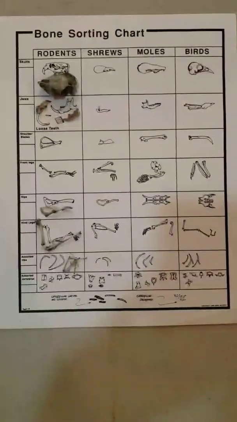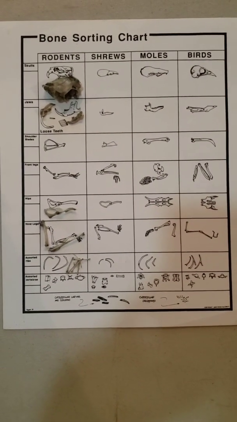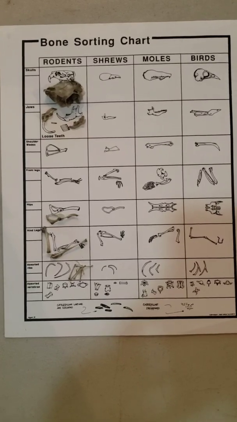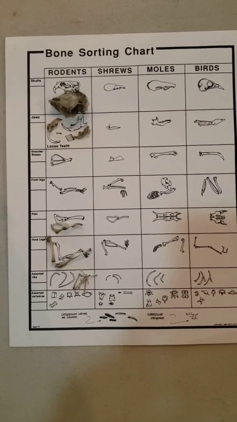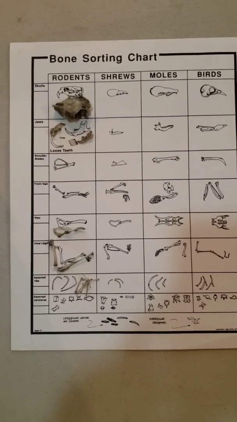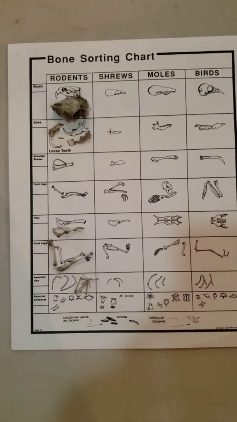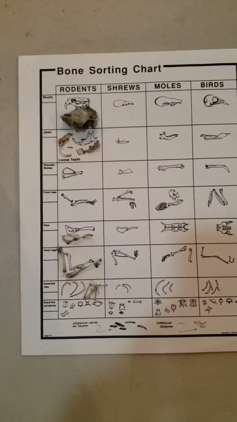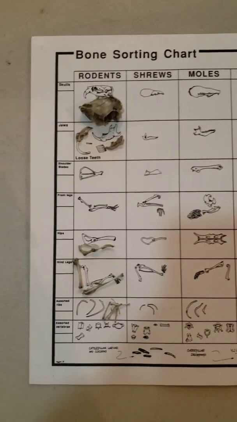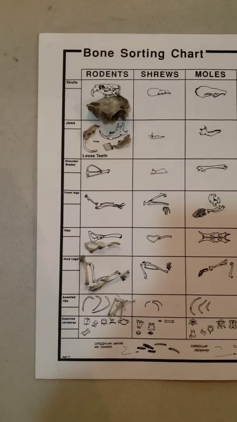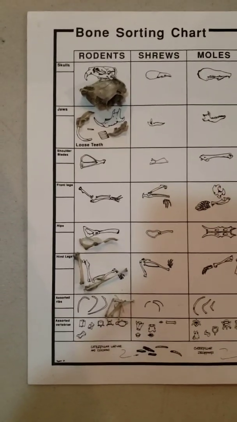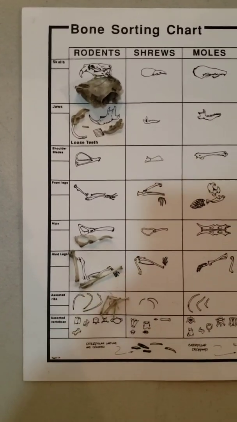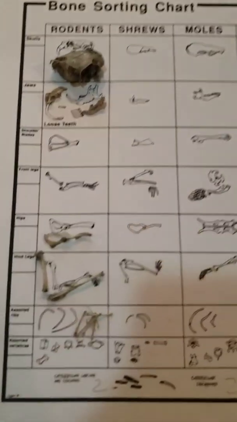So I've gotten out my handy bone sorting chart and tried to match up the bones that I found in the pellet with the illustrations of the bones that are on this chart. And I think I found some that are basically exact matches. So it looks like our animals in the pellet fall under the category of rodents, most likely a mouse or a rat.